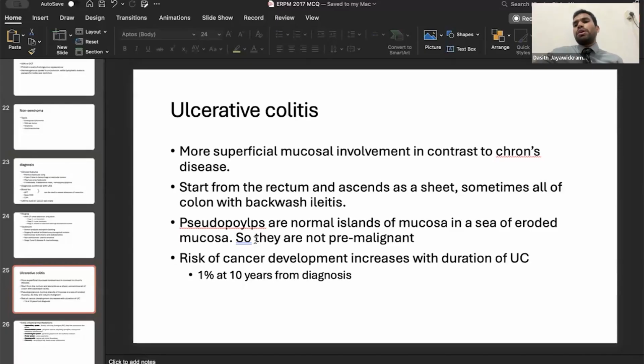So from the diagnosis of ulcerative colitis, as the duration increases, the chance of having a malignancy also increases, because the more time goes, the more chance for polyps to develop and become malignant.